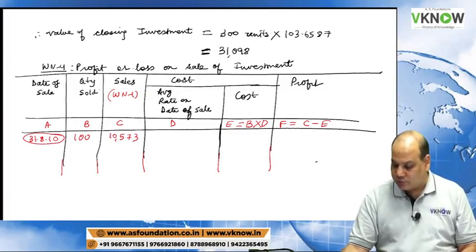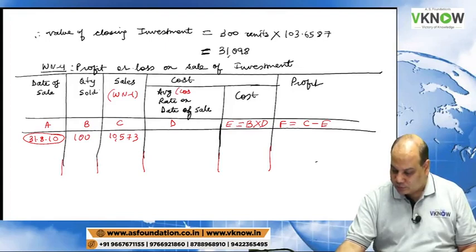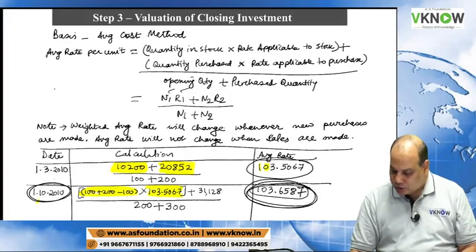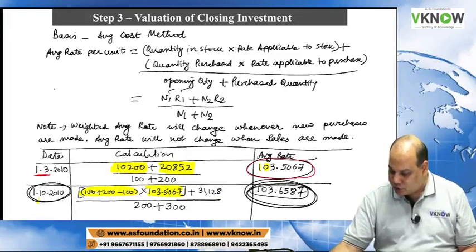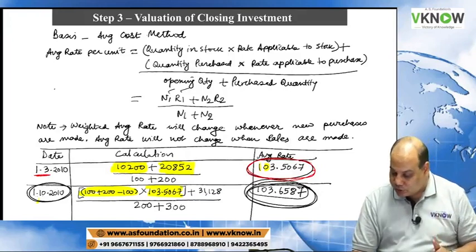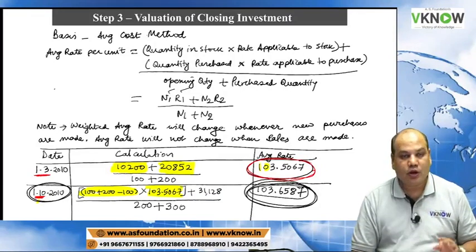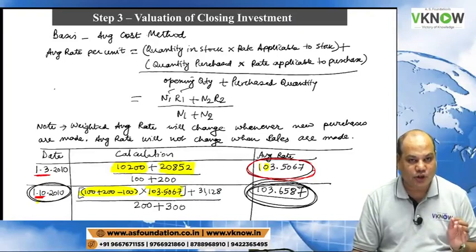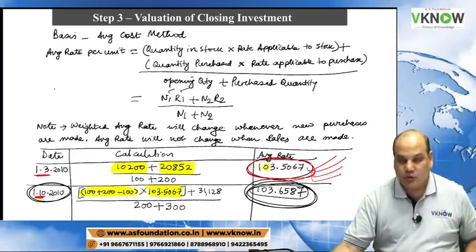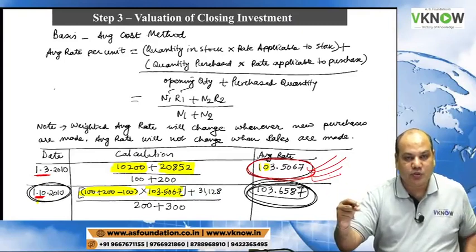Average cost or rate. So I will have to go to previous working note. On 1st March we had calculated the rate 103.5067. Next date is 1st October. Unless I make a fresh purchase, my rate will continue.